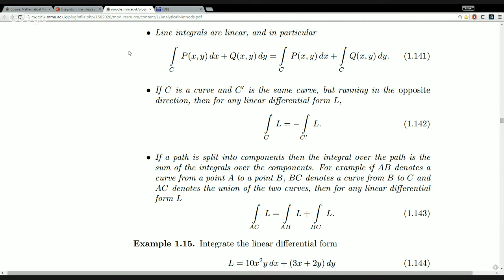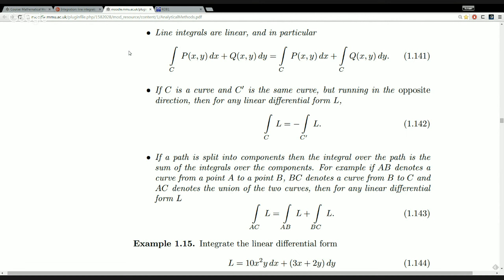Y does change. Y progresses from 0 to 1. Y is equal to 0 at the point D, and then it increases until it reaches the value 1 at the point B. So these aspects of the behavior of x and y along the curve D to B are enough to evaluate the integral.